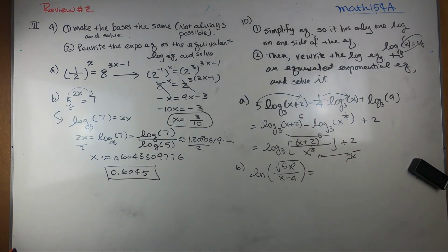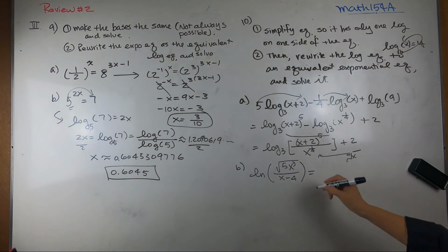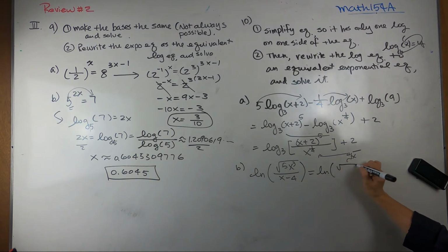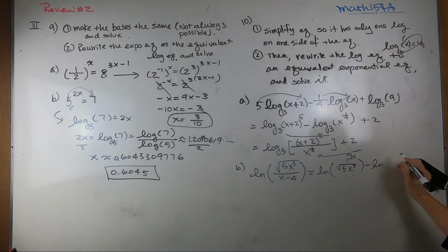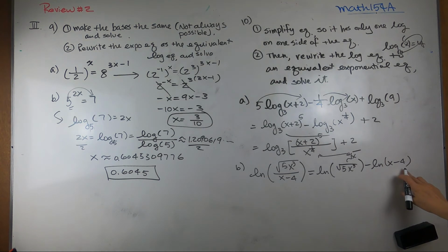You cannot be any simpler than that. No powers inside, right? So if it's division, you rewrite it as separate logs by subtracting them, right? Then this is as simple as you can be, right?